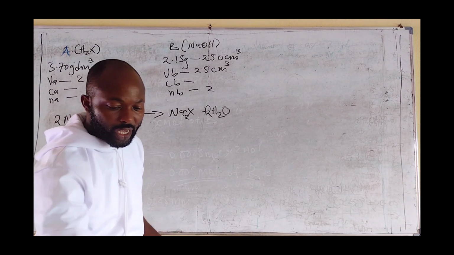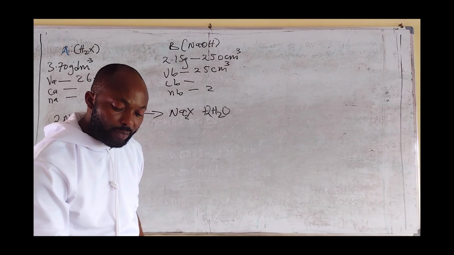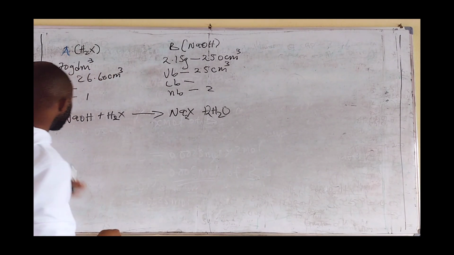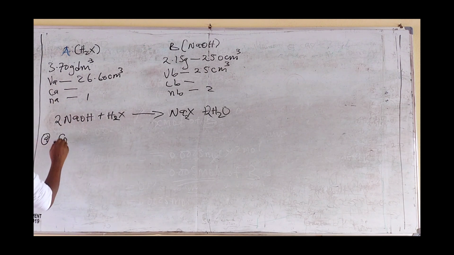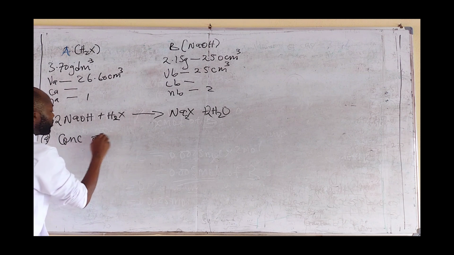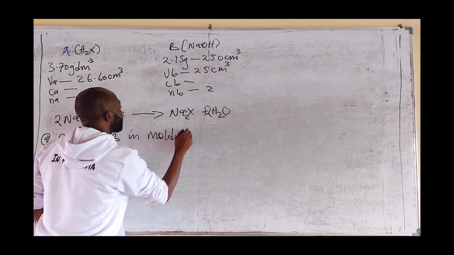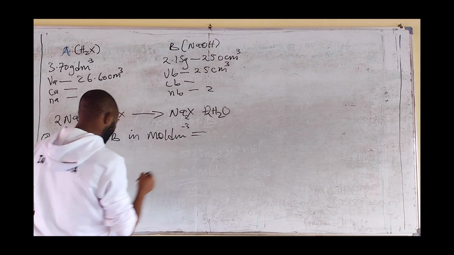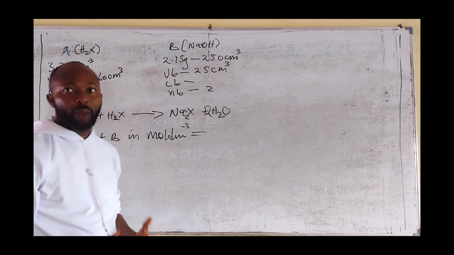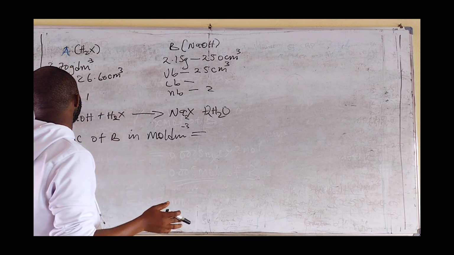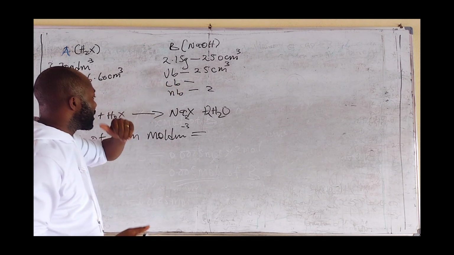What did they ask us to get? First question says concentration of B in mole per dm³. Now remember, there are various formulas we use to do that, the CAVA formula, but we can't use that one right now because we don't know the concentration of the acid and that of the base. And now they are asking us to get that of the base.